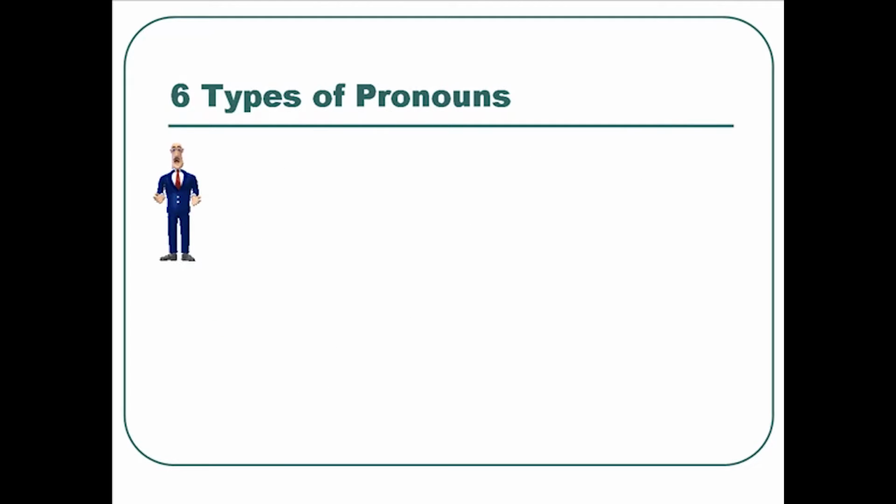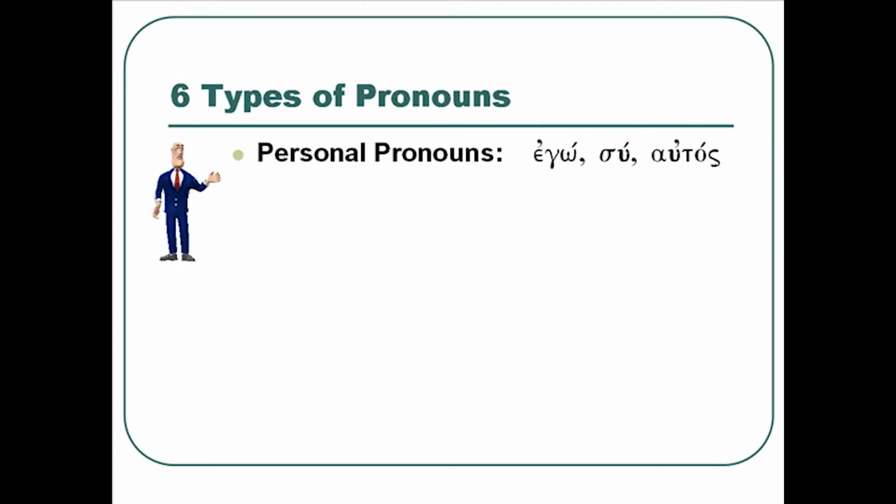There are 6 types of pronouns, many of which we've worked with already. Just want to go back in a quick review here. We had the personal pronouns, the ego, mou, moi, me, the su for you, and the autos for he, she, it. Those are the personal pronouns.